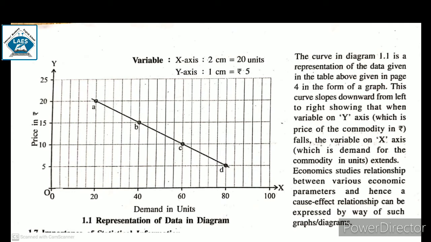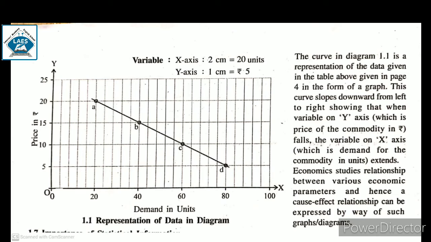So let us understand the thing which I have told you. The curve in diagram 1.1 is the representation of the data which is given in the table above on page 4, now in the form of a graph.